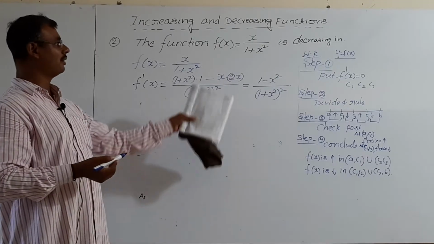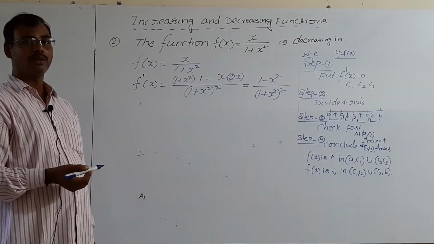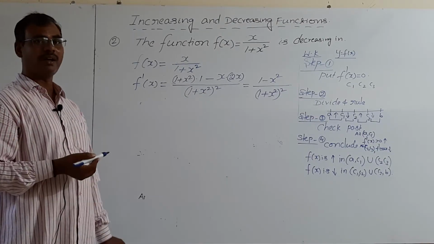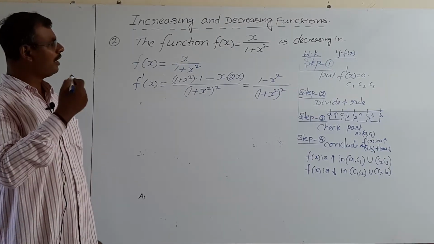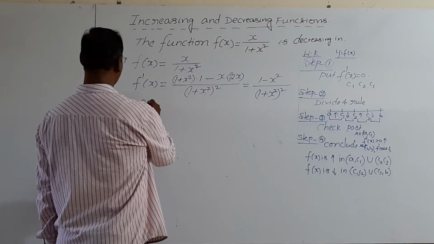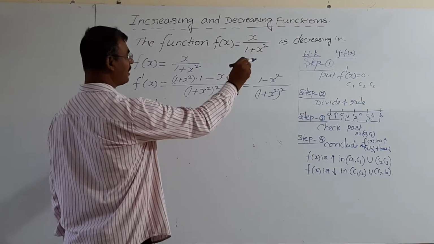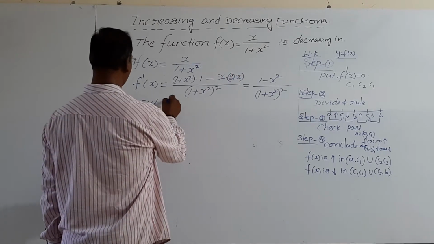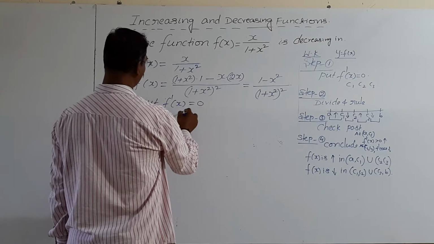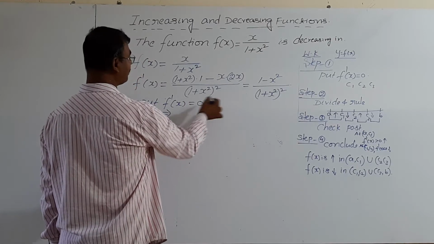After that, follow the working rules. Don't forget these rules, keep them in your mind. They are very, very important and useful everywhere. Put critical points: f dash of x equal to 0 means critical points.